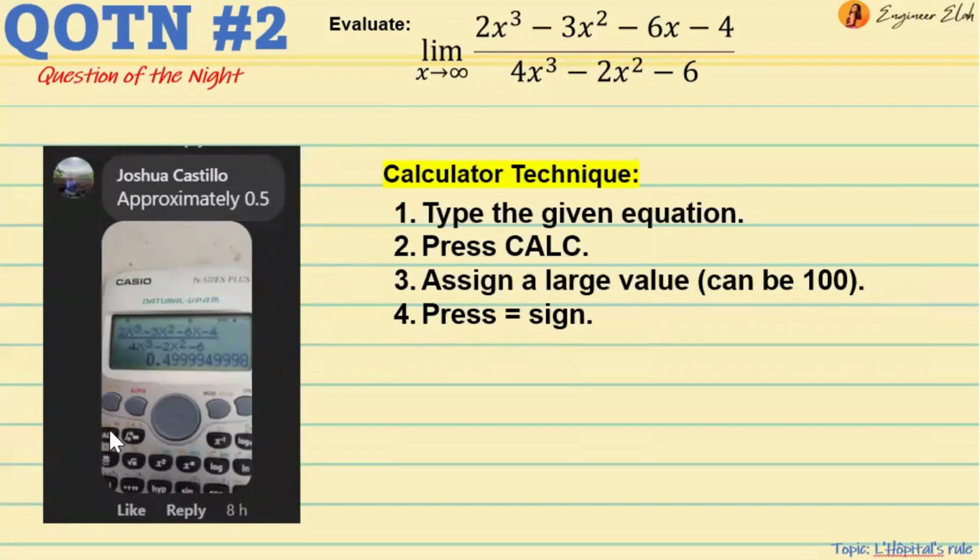And since infinity yung input natin, and wala namang infinity sa calculator, ang ginagawa ko is nag-assign ako ng large value. Actually, enough na yung 100. So, yun yung ginagamit ko. And press the equal sign. So, lalabas is 0.4999. So, approximately 0.5. So, either way, you will get the correct answer.